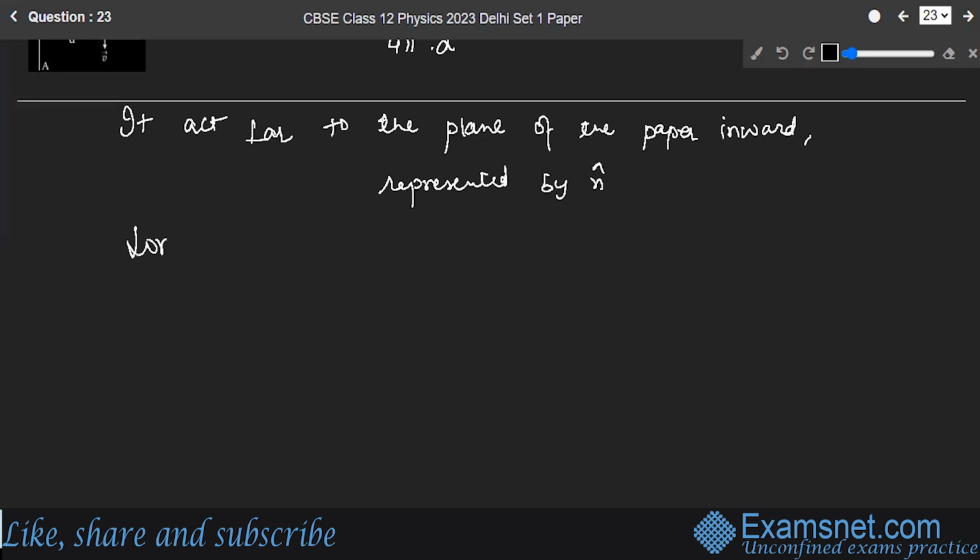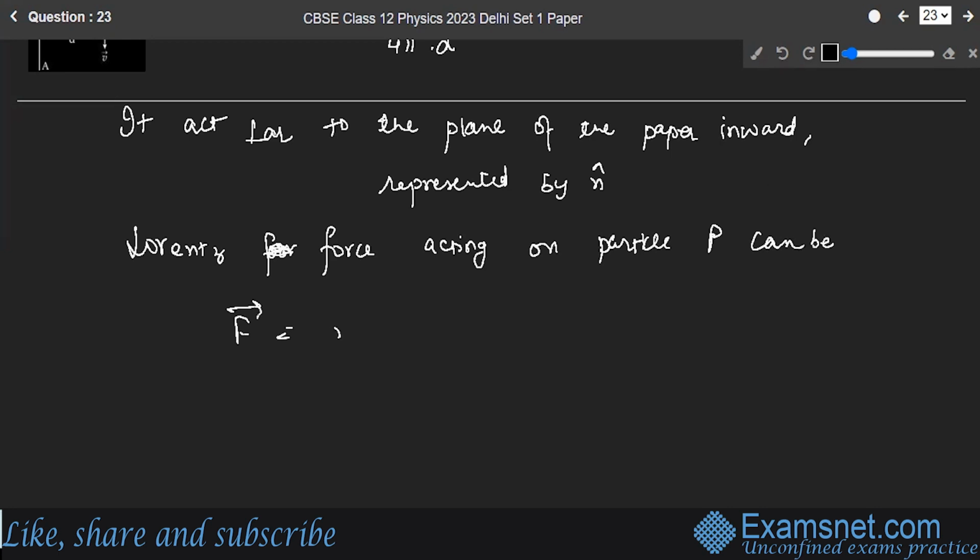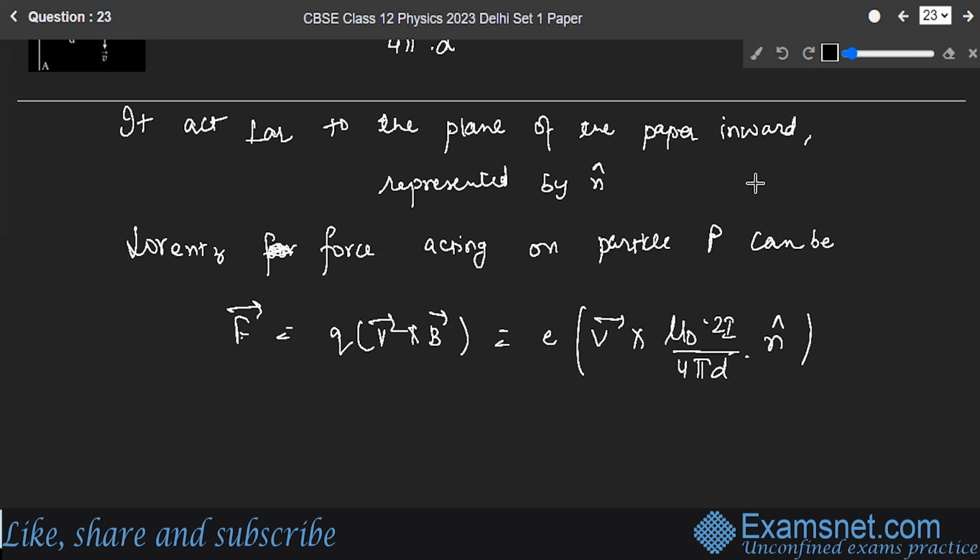So the Lorentz force acting on the particle P can be given by F is equal to q v cross B. The charge is q, v, and B is given by mu naught into 2I upon 4 pi d multiplied by n cap, because we are talking about the vector form.